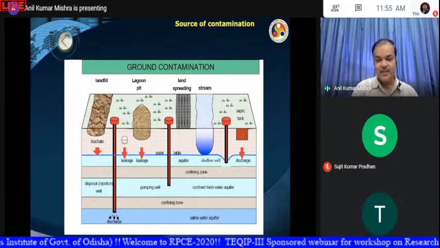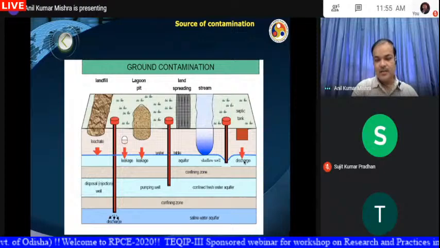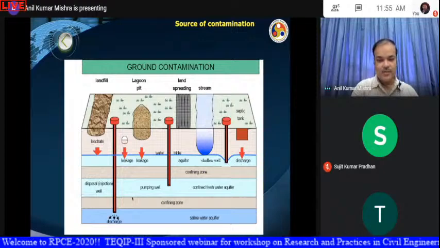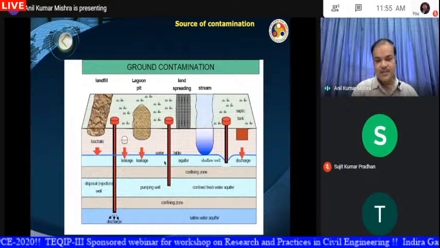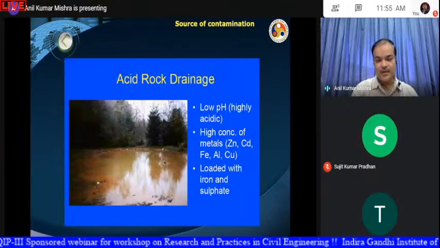Similarly, when there is a leakage from the septic tank, it will contaminate our ground resource. So these are some sources of contamination of the groundwater.